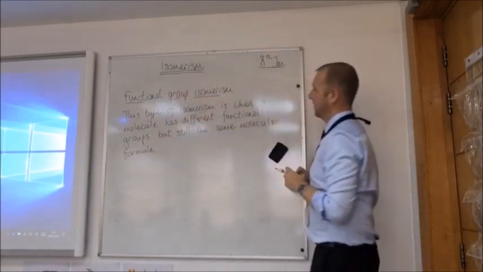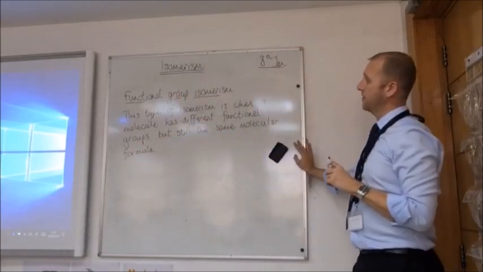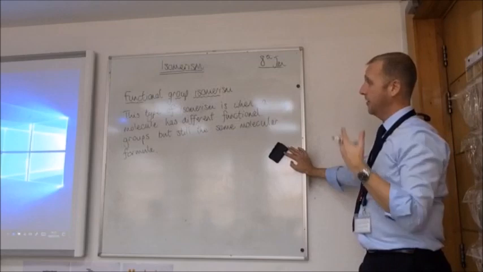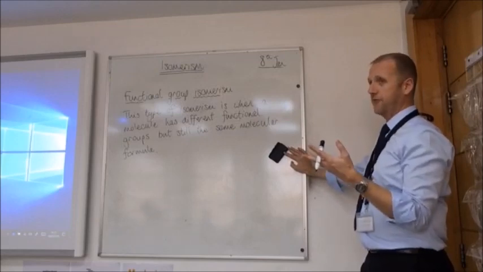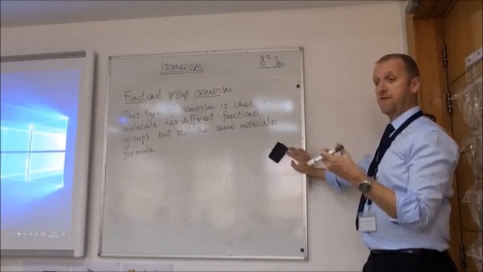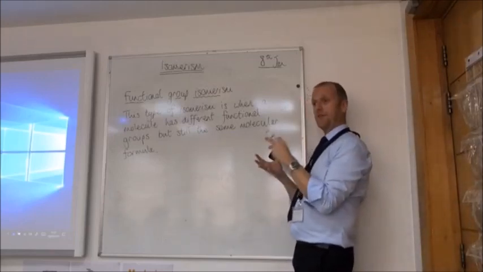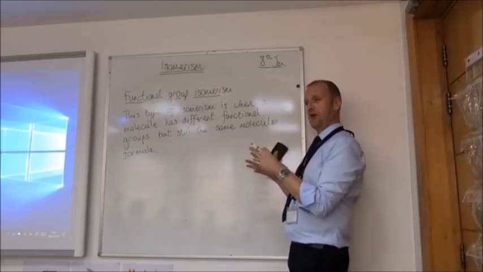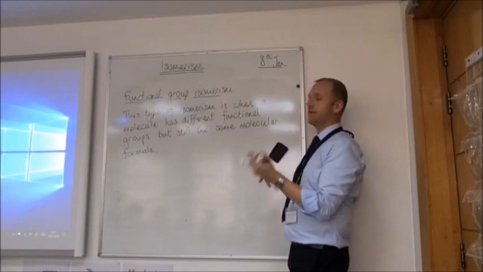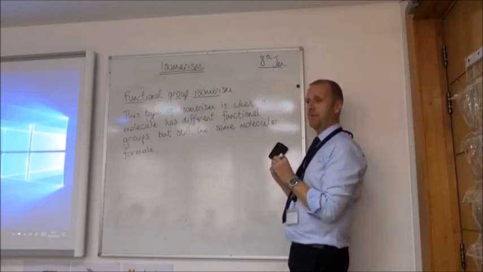Okay, so functional group isomerism, this type of isomerism is when a molecule has different functional groups, so different actual groups of atoms attached to the carbon chain, but it still has the same molecular formula.